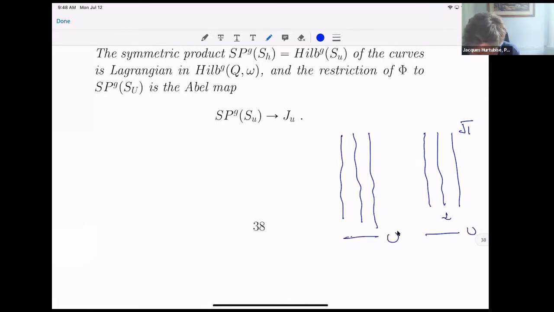And what you do is, instead of taking the curves, you'll take the fiber-wise symmetric product. So it's the Hilbert scheme of points for a curve, but let's call it explicitly the fiber-wise G symmetric product. So here, this is G-dimensional. This is G-dimensional.